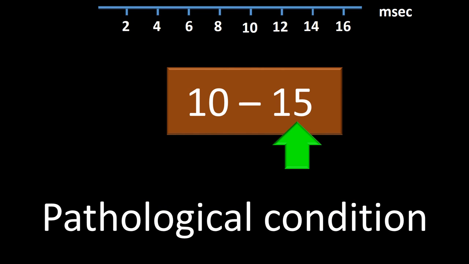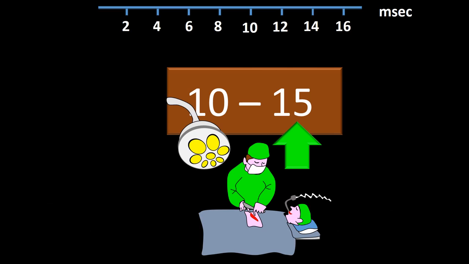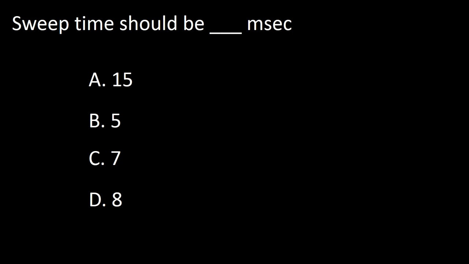And in cases where we suspect pathology, as we previously mentioned, we must also record for 15 milliseconds. Another situation where prolonged recording is advisable is during surgical procedures. So the answer to this question is A.